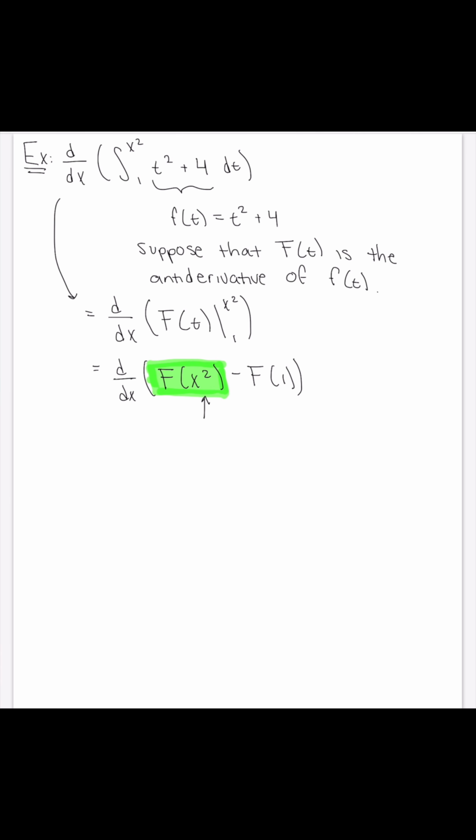When you have a function and another function, we need the chain rule in order to take the derivative. So a function x squared plugged into another function, capital F of x, requires the chain rule.